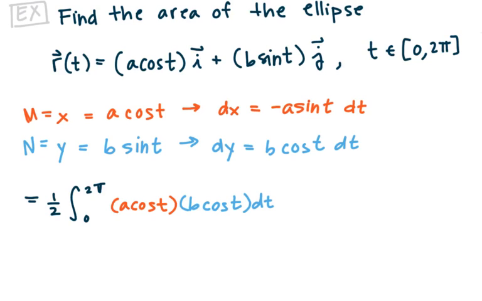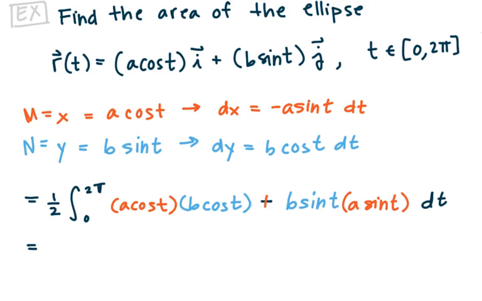Technically a dt there, but we'll factor both of those out. Minus y, which is b sine t, times dx, which is negative a sine t, negative, negative, that will be positive. And then all of this, we have our dt there.